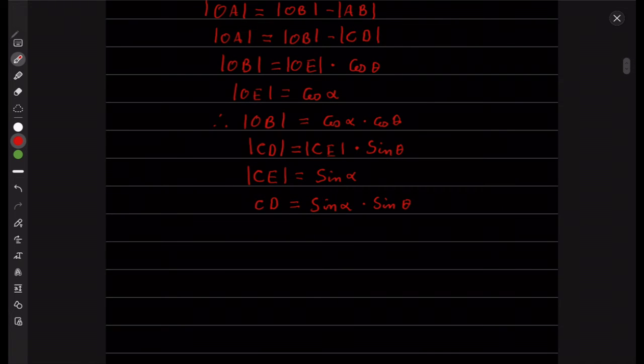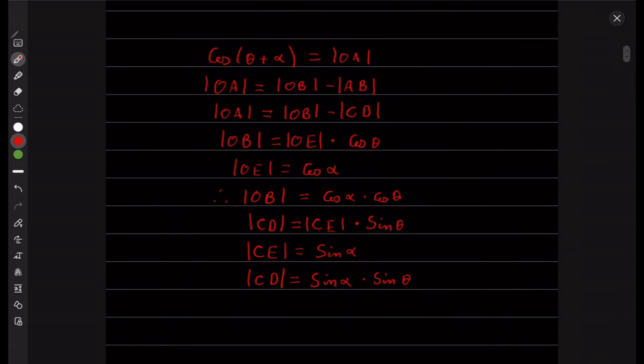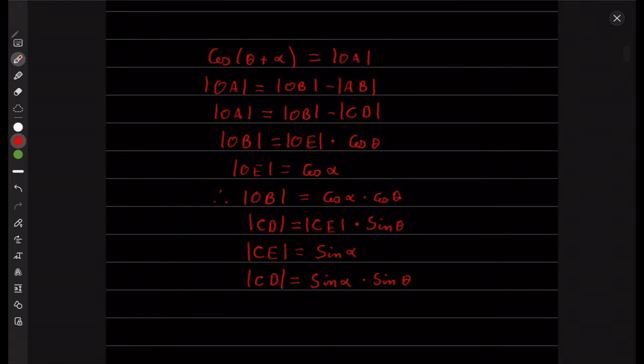And once again, now we have a full expression for OA, and OA is OB minus CD.